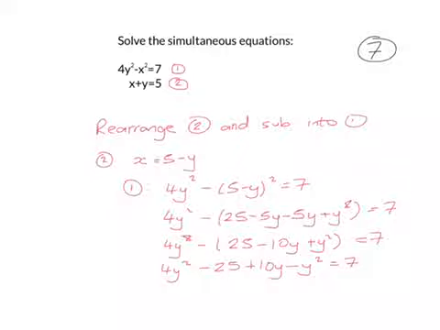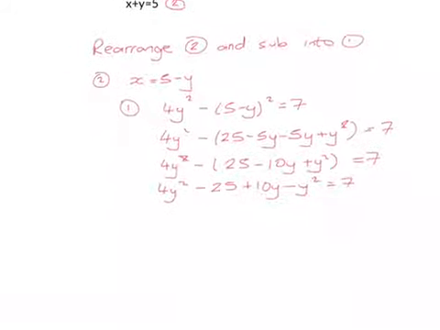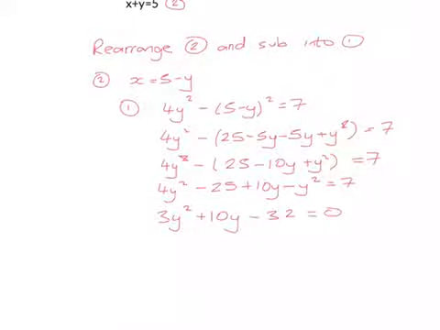And then we can start bringing together the like terms. So you've got 4y squared minus y squared, so you've got 3y squared plus 10y. Then you've got minus 25 minus 7. If we bring that across, you'll have minus 32, and then that is equal to 0.